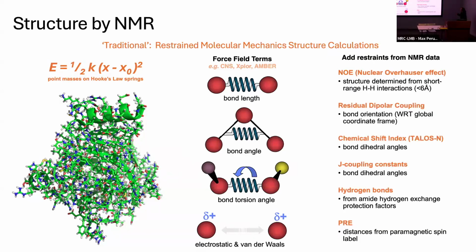And it's worth noting here that all of these restraints can be derived by NMR experiments. NMR isn't a one experiment, one answer technique. There are hundreds of different NMR experiments we can collect that can give you lots of different intricate information about your system. And so we bring all of these together for our solution structure determination.